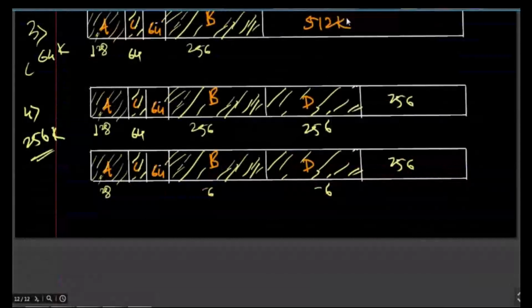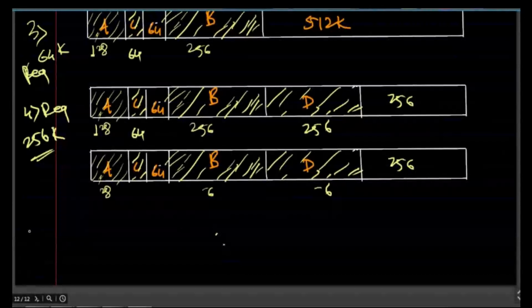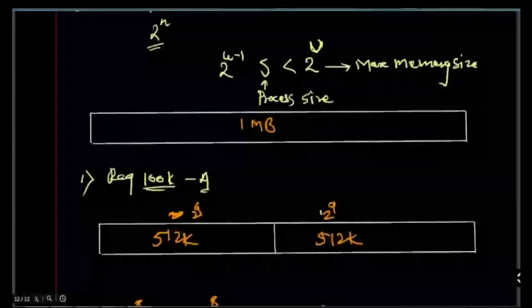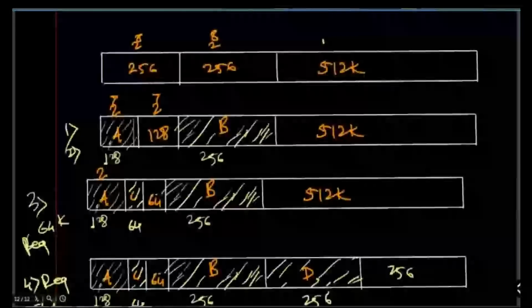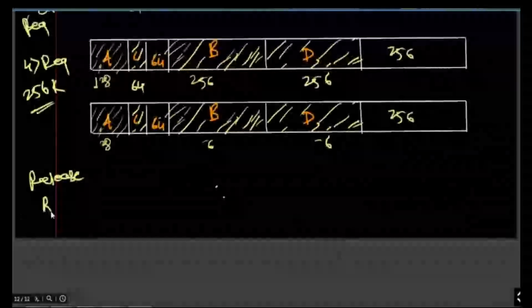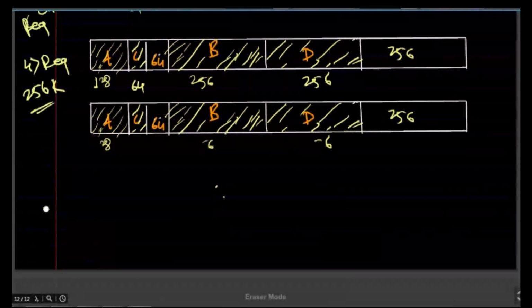Let me write neatly. This is a request. Now next is release. Release what? Release B. So here you have to release B.